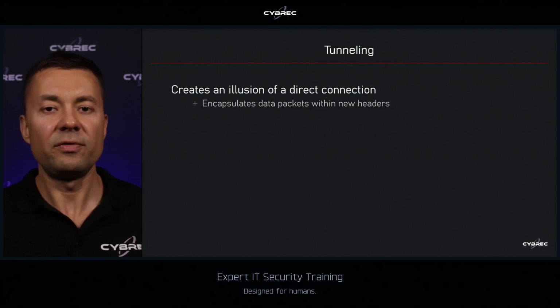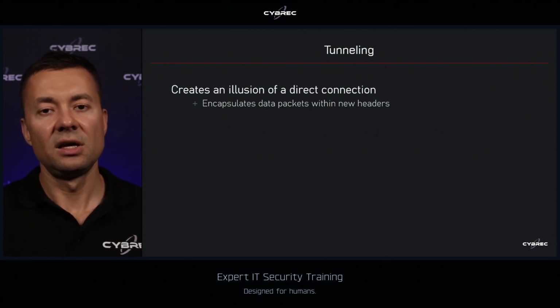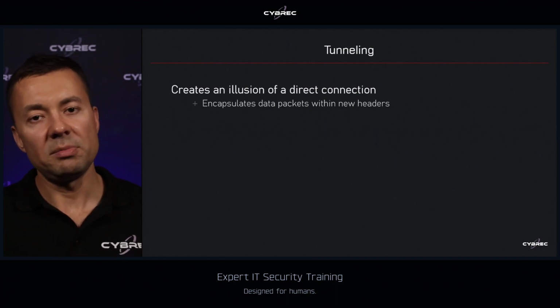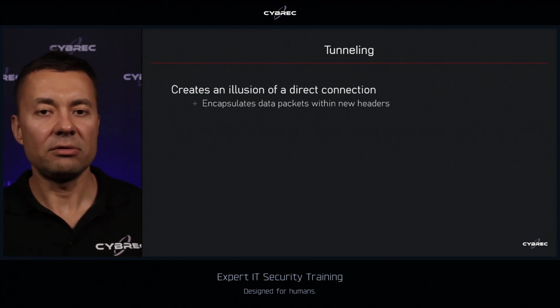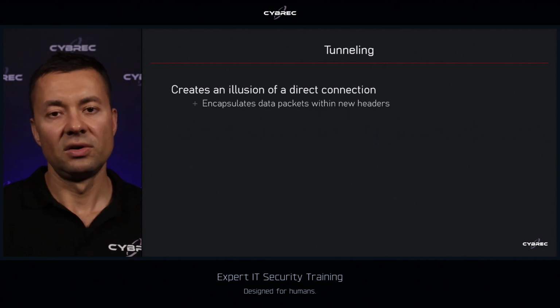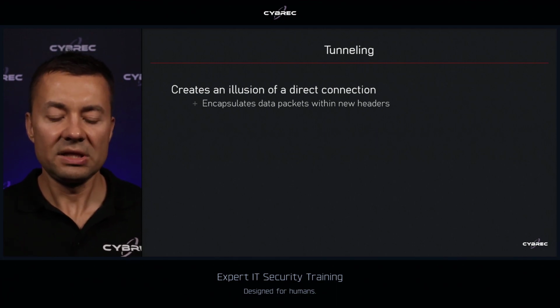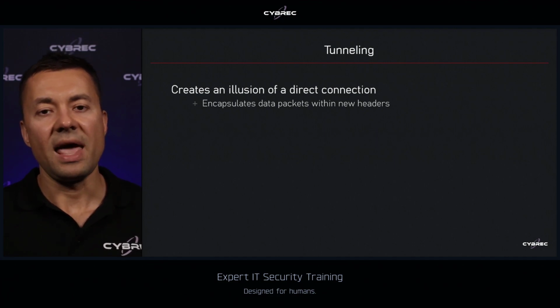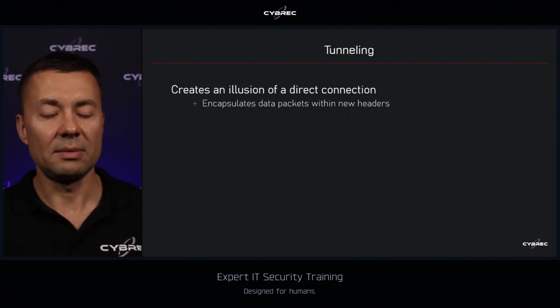Tunneling is what builds this connectivity on the back end. So when we build a VPN tunnel, in the background, the technology that allows the tunnel to function is going to be tunneling. And tunneling is basically an additional so-called encapsulation, how it is done at the packet layer.